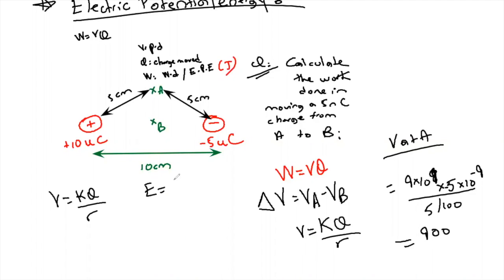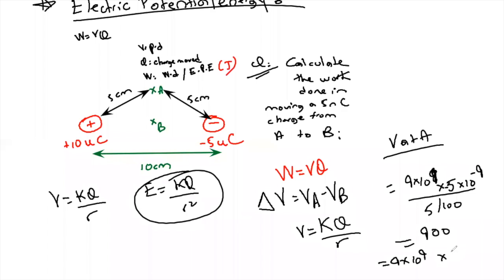E is KQ divided by R squared. So if you made this little mistake, that's fine. Now, 9 into 10 raised to the power 9 into 10 into 10 to the minus 9, divided by 5 divided by 100. I think the answer here would be around 1800. Yes, this is minus 900, and this is 1800.